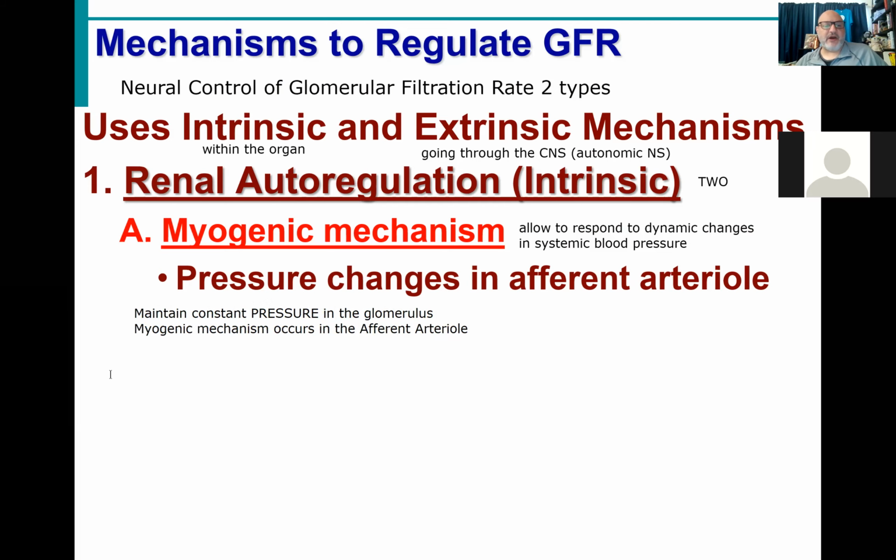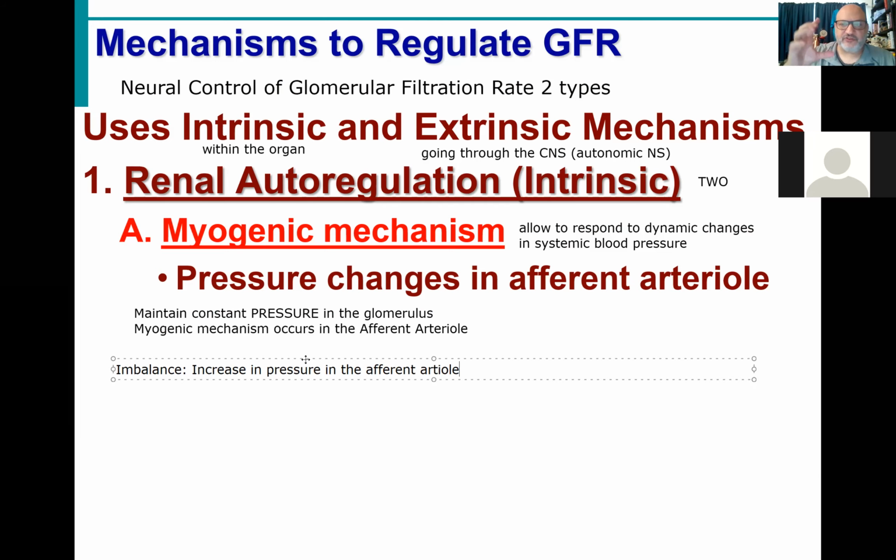So let's think about our first possible imbalance. That first possible imbalance is there is an increase in pressure in the afferent arteriole. So the pressure in your afferent arteriole goes up. That means the blood coming into our glomerulus would be at a higher pressure, and that would cause an increase in filtration rate, which we don't want.